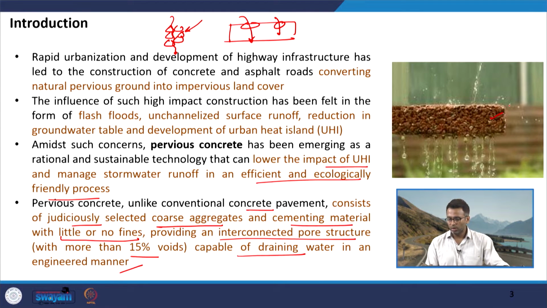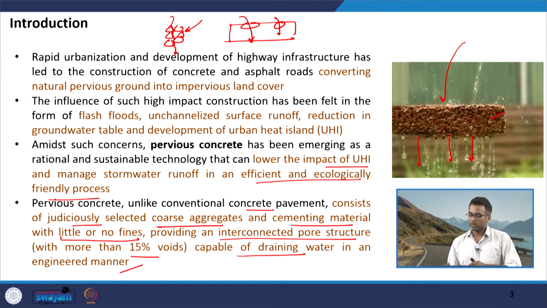You can see here that if water comes in, it drains off from beneath, which means this is a pervious structure, in contrast to impervious mixes like the conventional concrete mixes and the conventional asphalt mixes. Though today we will be discussing pervious concrete using cementing materials, pervious concrete also applies to asphalt concrete, which means we can have a similar structure with asphalt binder as the binding agent.